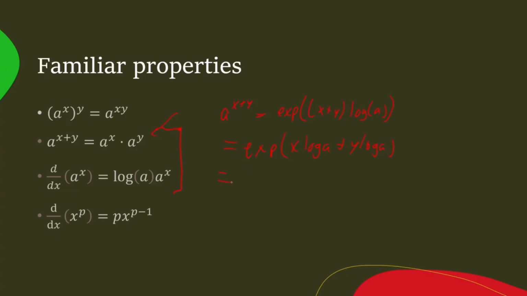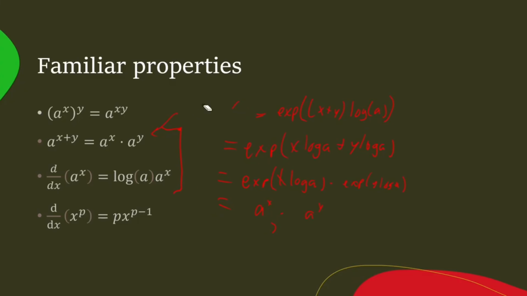And now we use the property of exp, which is that we can break the addition up into a multiplication. So we have exp of x log a times exp of y log a. And of course, this is by definition a^x times a^y. So we have a^(x+y) is a^x times a^y. That shows the second item, and again, this comes immediately from the definition.